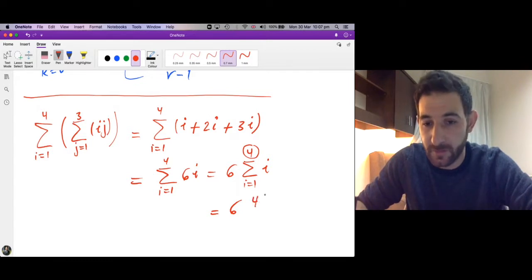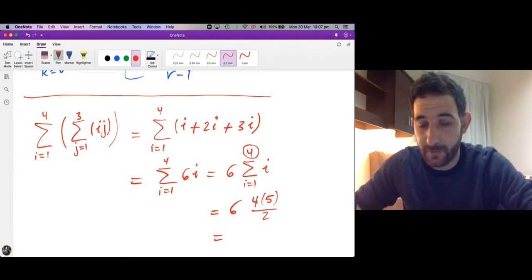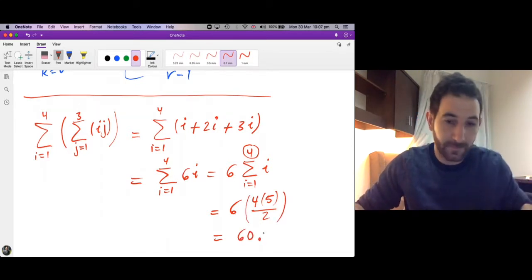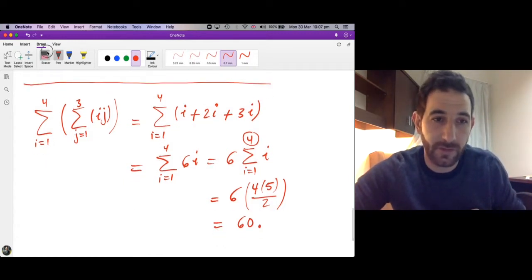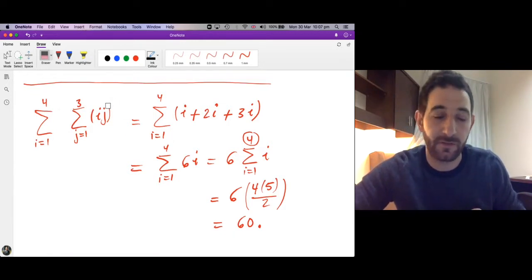So this is 4 times 5 over 2. This is the sum of the first 4 positive integers. And 4 over 2 is 2, 2 times 5 is 10, 10 times 6 is 60. Okay. So this is the value of this double summation. If you want, you can forget about these brackets. So this is the summation of i times j.